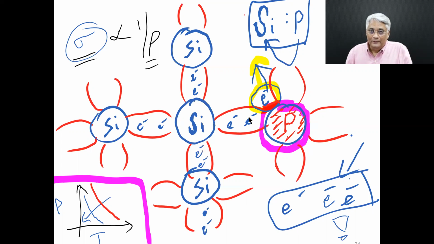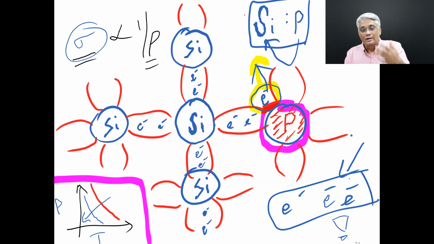But mind you, the ionic sizes of silicon and phosphorus are not the same. So there will be local distortions in the lattice wherever phosphorus replaces silicon. And in this process, since it's a pentavalent element, you have an additional electron that is sort of free to move in the lattice.